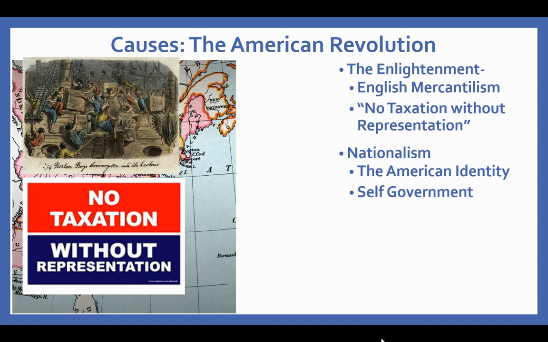And so the Americans began to think that they were different and separate from the British, having different goals, different ideas, and a different identity. Also, because of the use of joint stock companies, the colonists had become more politically independent.